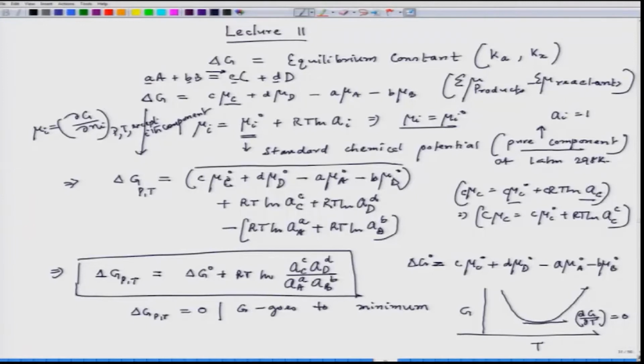This is the slope which is 0, and you see the variation of G, this point is a minimum too. So, this is the equilibrium. Then from this I can write delta G 0 equal to minus RT ln, and this becomes the relation we get in case of equilibrium.